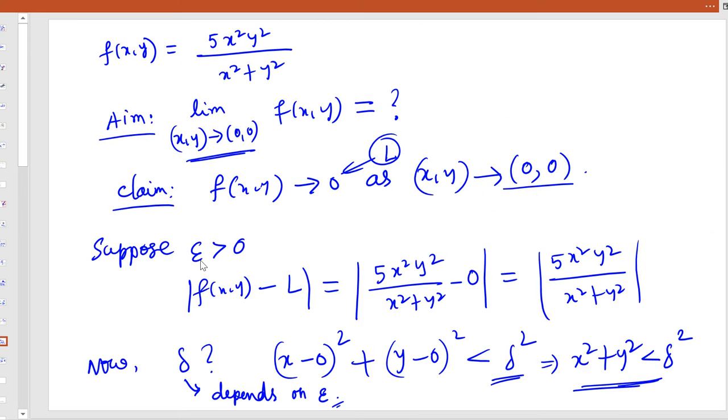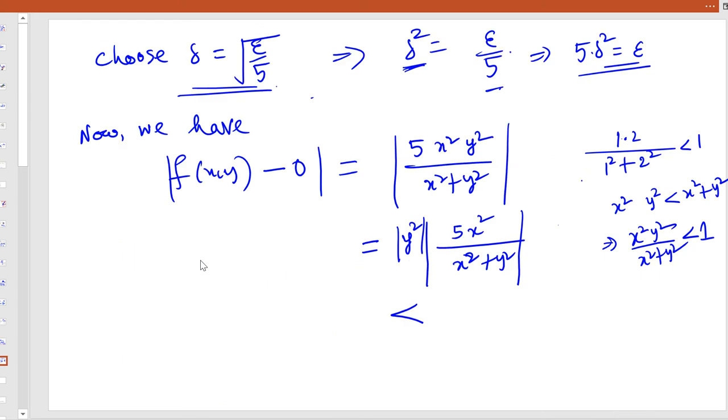Now if you have this one, from there you can write y square. This is a positive quantity. And you can write here, this is delta square. This is also satisfied. Now in place of this y square, you can write delta square. Okay.